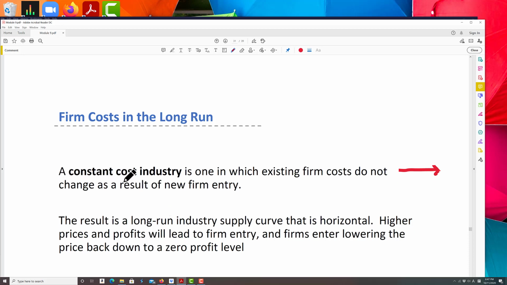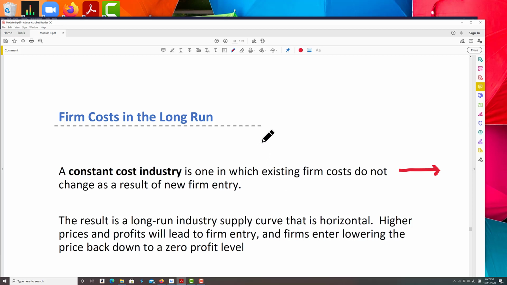A constant cost industry is an industry in which the production costs of the existing firms are not affected by entry of these new firms.